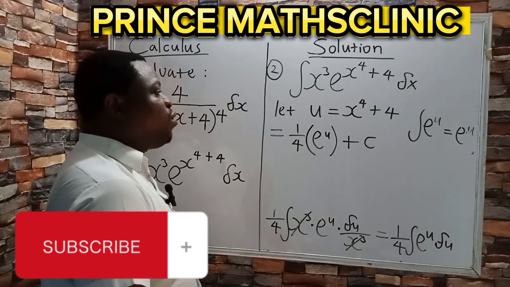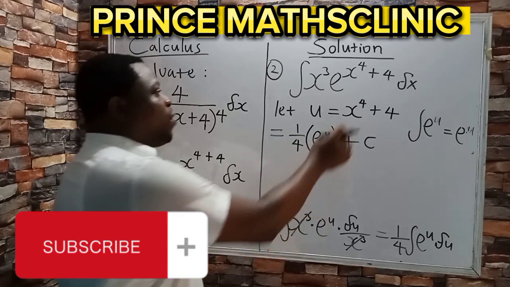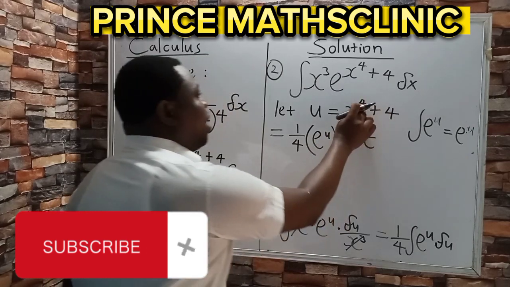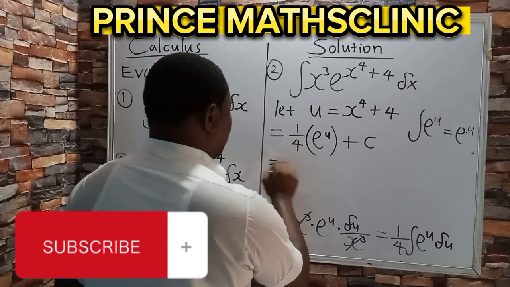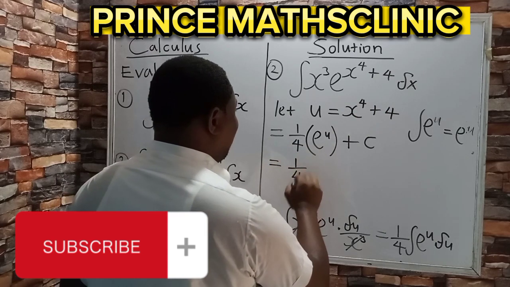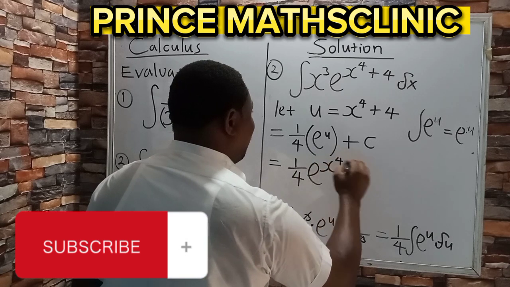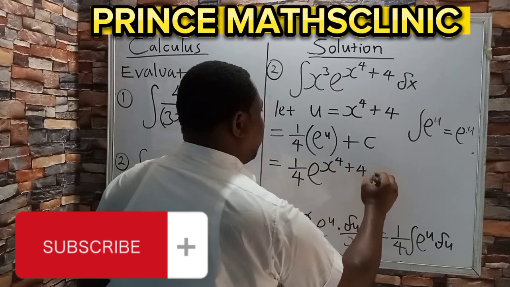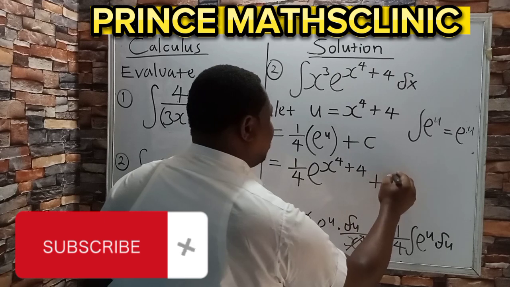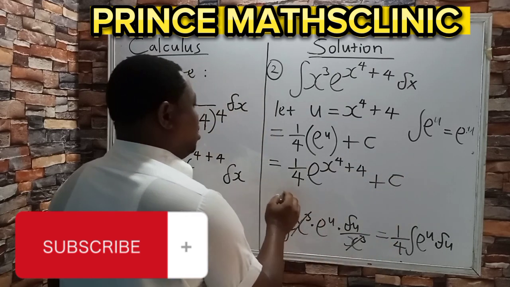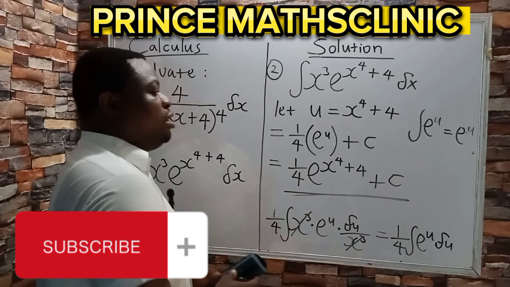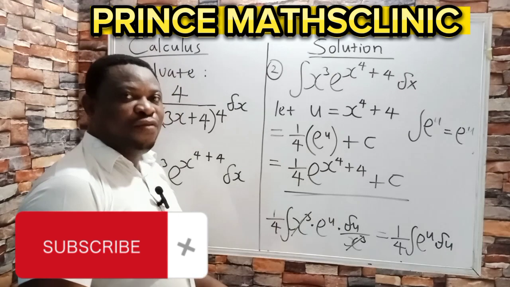Then at this point, you have to recall that u is x raised to the power 4 plus 4. So everything becomes 1 over 4 e to the power of x to the power of 4 plus 4, then plus our constant c. This is now the result we are looking for.